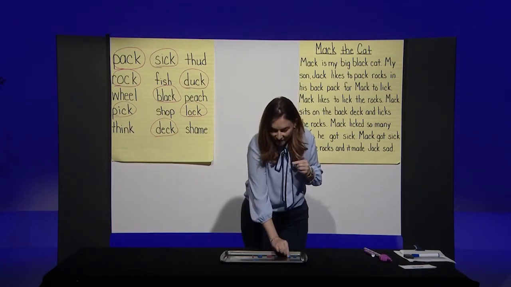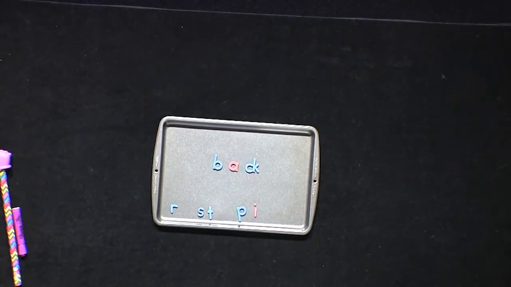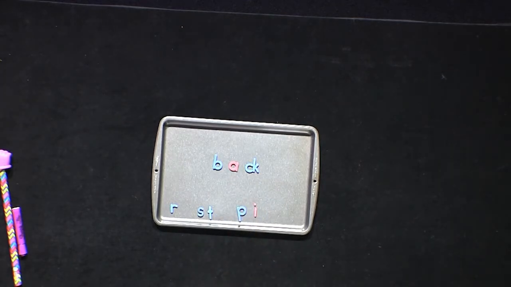So our very first word is back. Let's sound out back. B-ack. Very good. Now, I want to change back to rack. What letter am I taking away and what letter am I putting there? Great job.